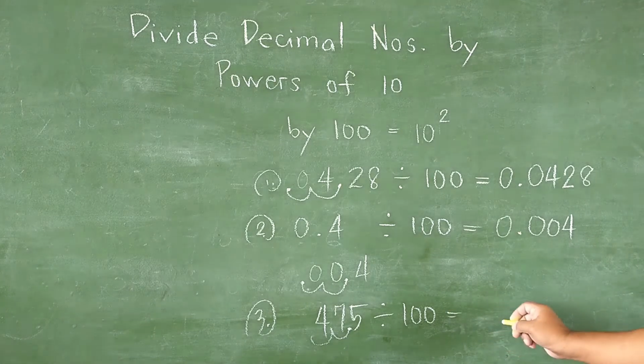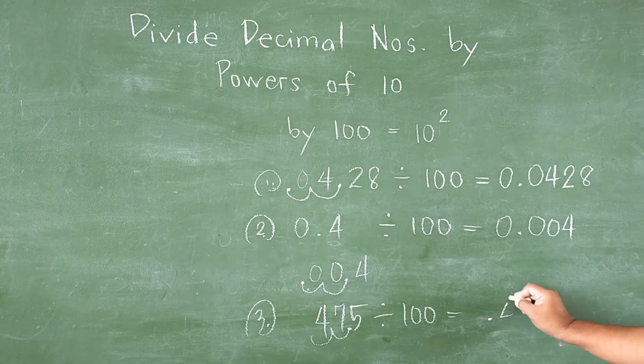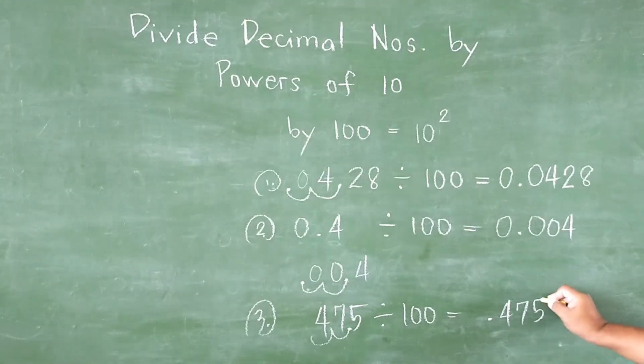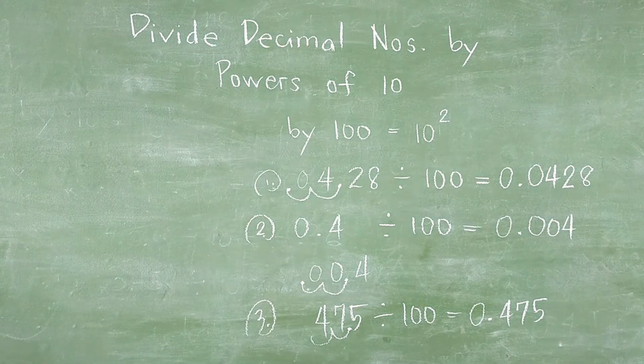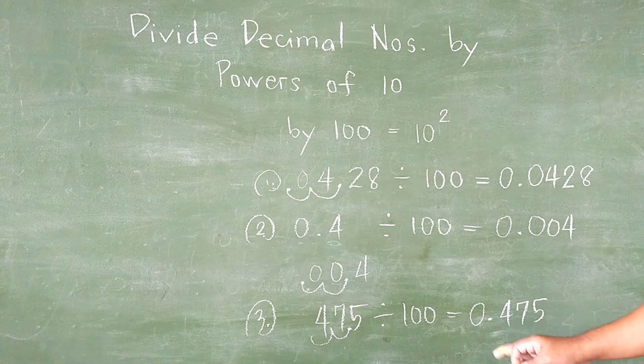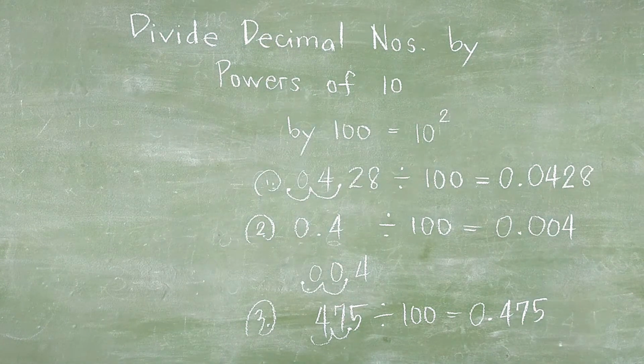So, it is now 0.475. Again, we can put 0 before the decimal point dahil wala namang number na nakalagay. So, this is it. Tapos na tayo ng division of decimal number by 100 or 10 to the second power.